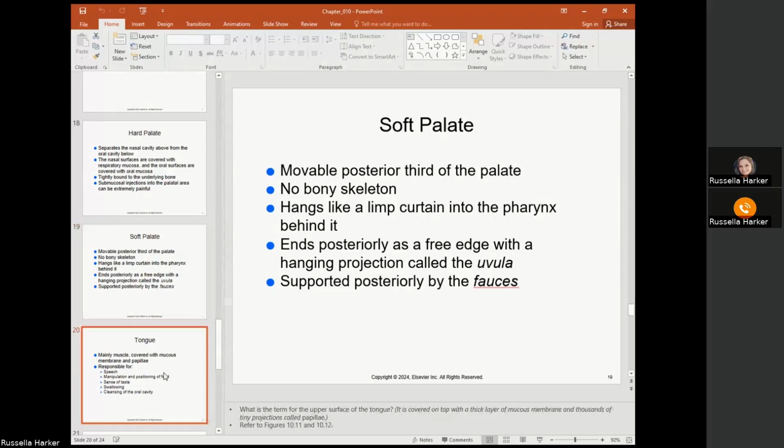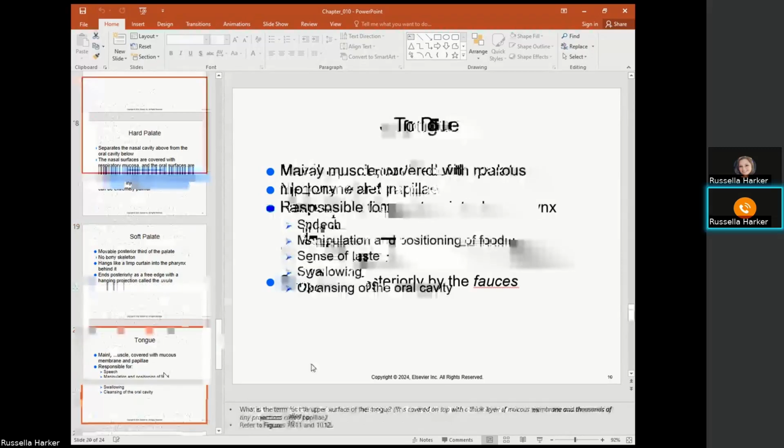Then your tongue, which is mainly muscle covered with mucous membrane and papillae. The tongue is there for speech, manipulation and positioning of food, sense of taste, swallowing, and cleansing the oral cavity.